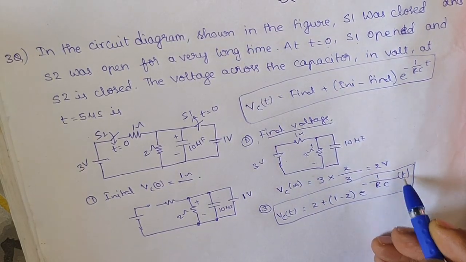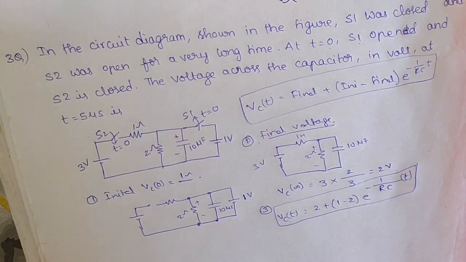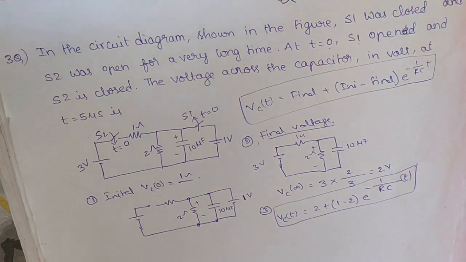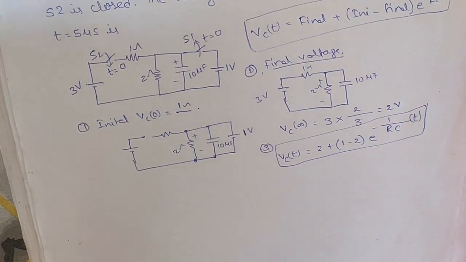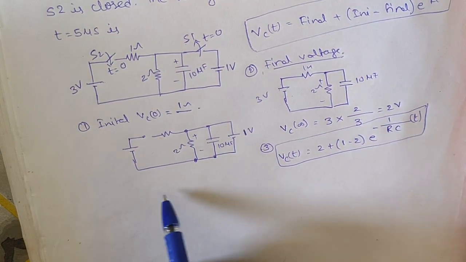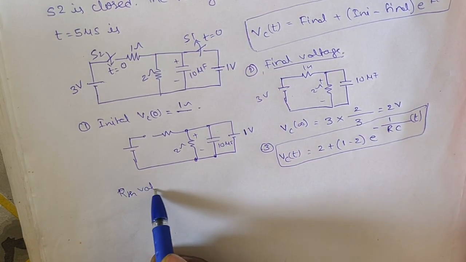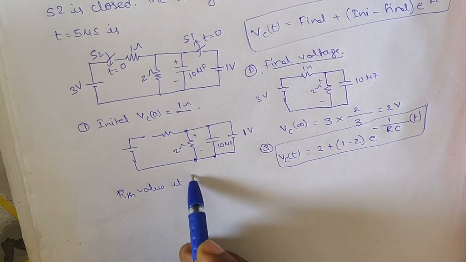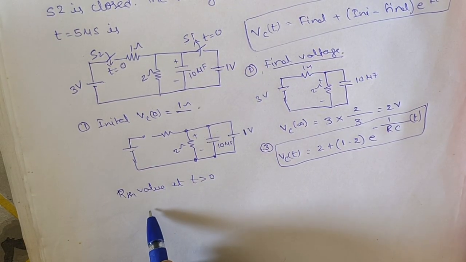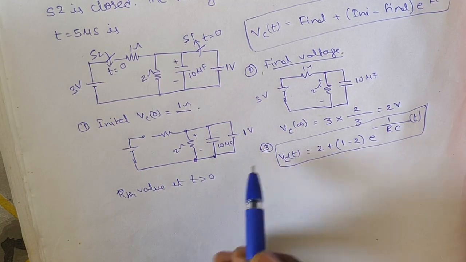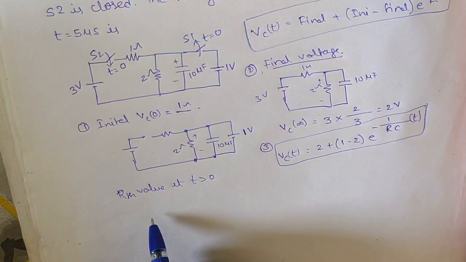From this, if you place RC and t, we will get the solution. To get it, we will find the RTH value at t greater than 0. So at t greater than 0, this is the circuit.